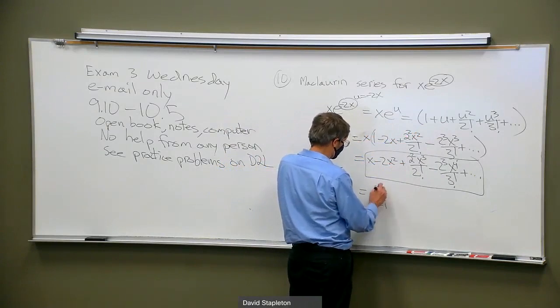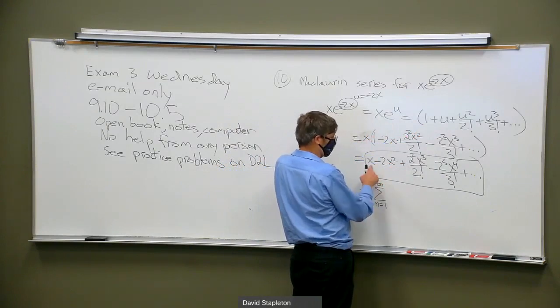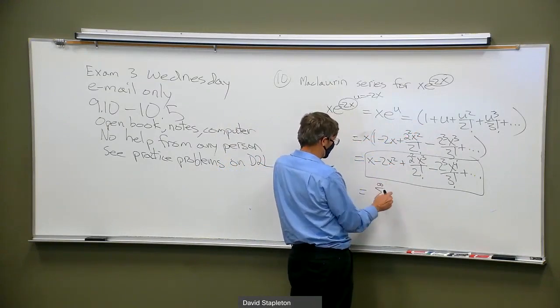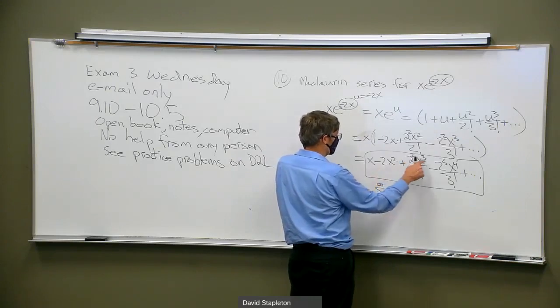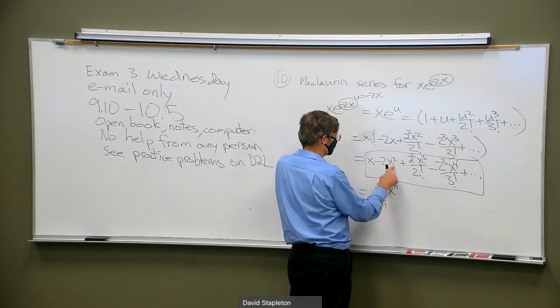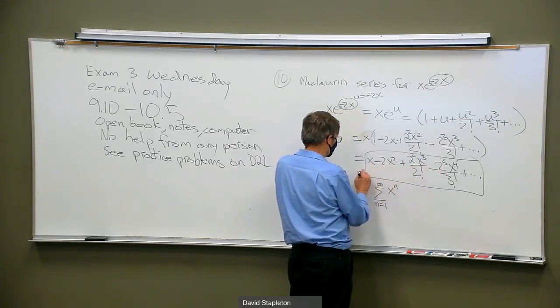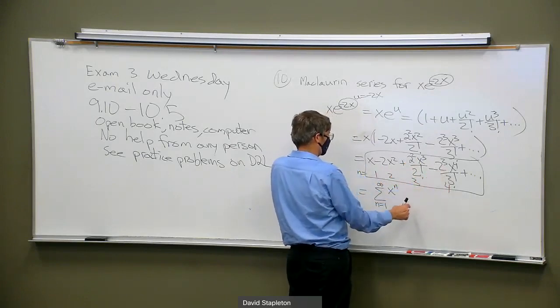Usually we start this at n equals 0. I'll say n equals 1. And since we start with x to the first, there's no constant term. And x just increases by 1 each time. 1, 2, 3, 4. So this is just x to the n. X to the 1 in the first term, x to the 2 in the second.